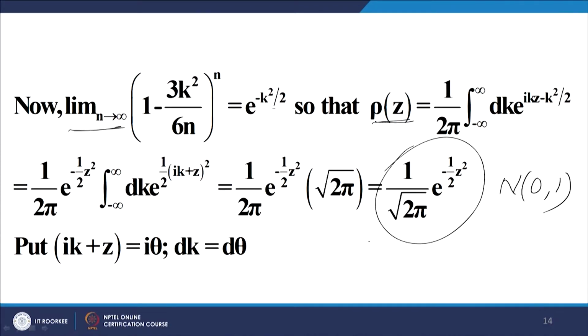So, how interesting it is, you started with n uniformly distributed variables in 0 1 and you ended with the normal distribution, minus infinity to plus infinity, it can take any values. So, this is the beauty of the central limit theorem.